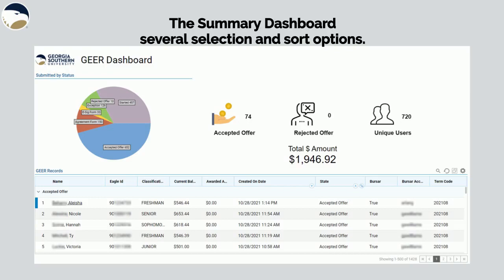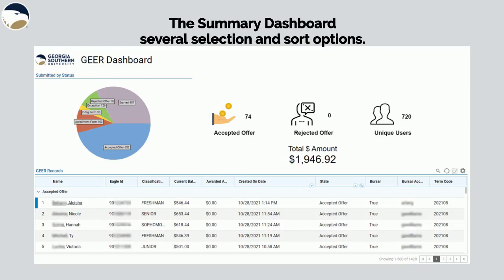1. Started. The number of students that have started the process but have gotten no farther. 2. E-Sig form. Those that have arrived at the electronic signature form. 3. Agreement form. Those that have arrived at the GEER Scholarship application form. 4.